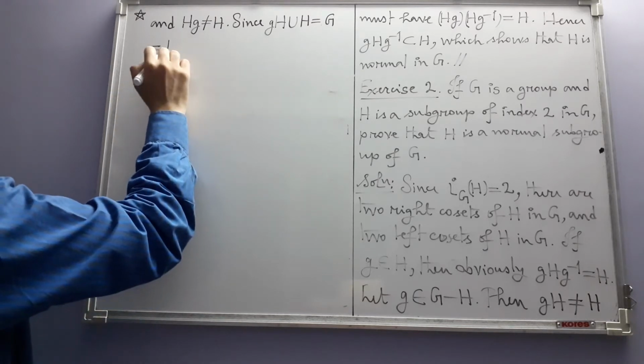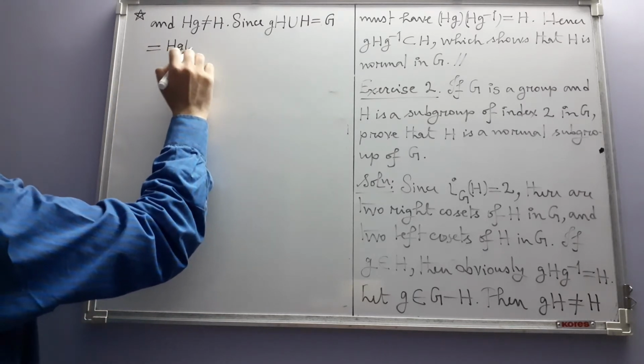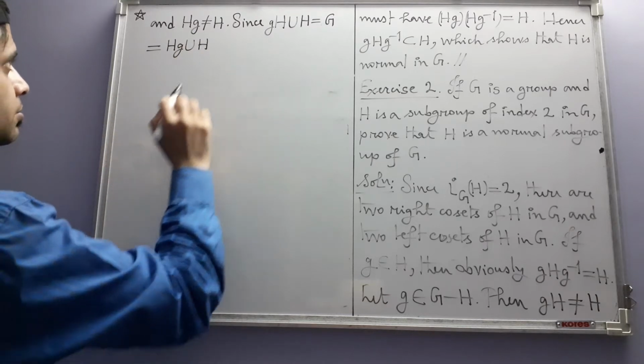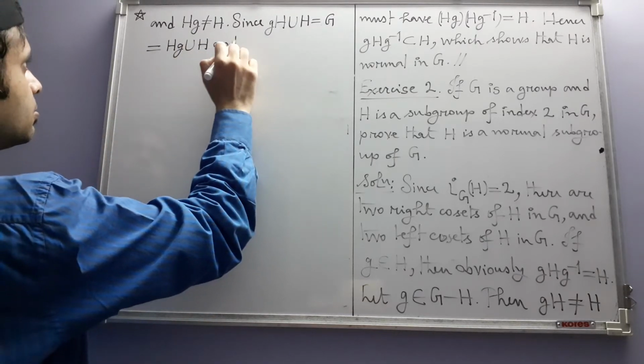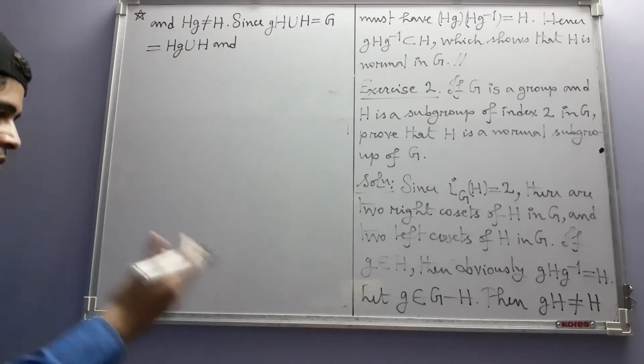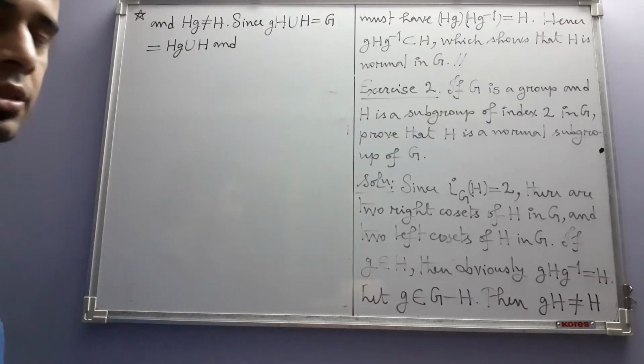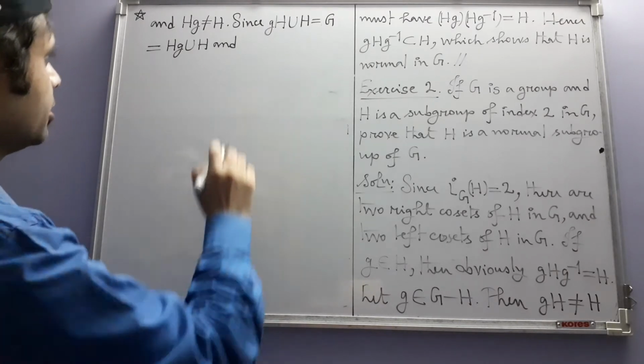Like that, if you take the union of the right cosets, then also you get the group. And distinct left cosets are disjoint, distinct right cosets are also disjoint.